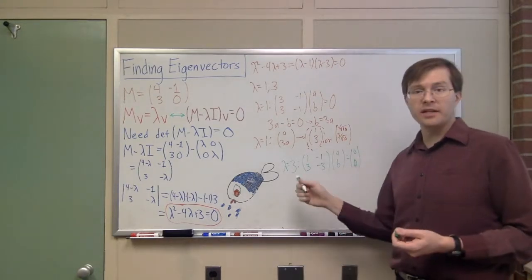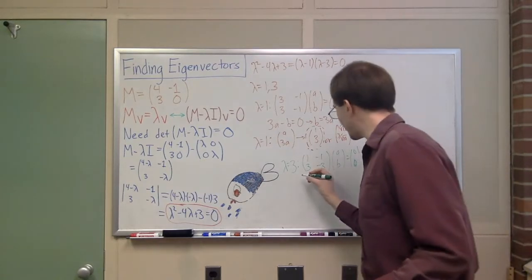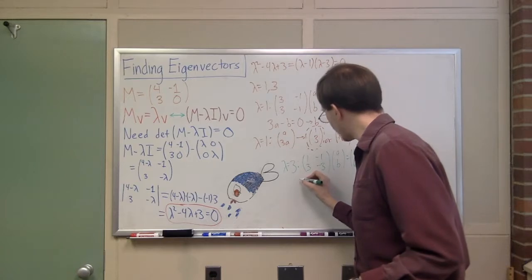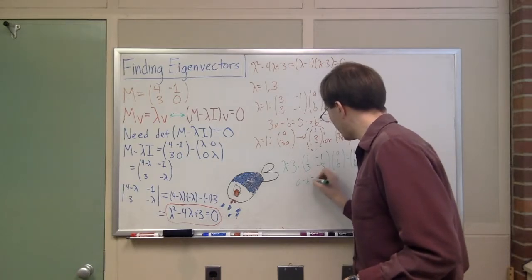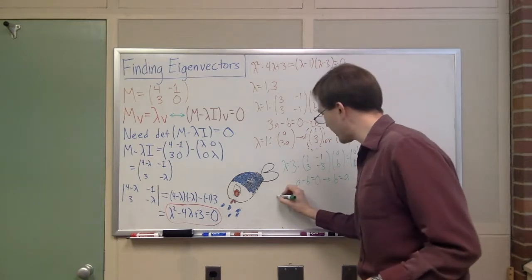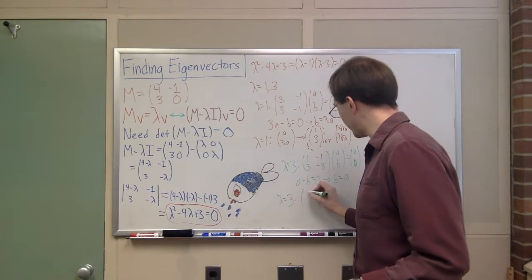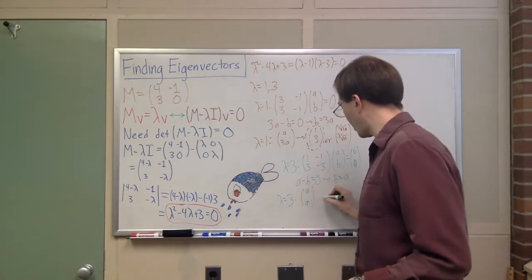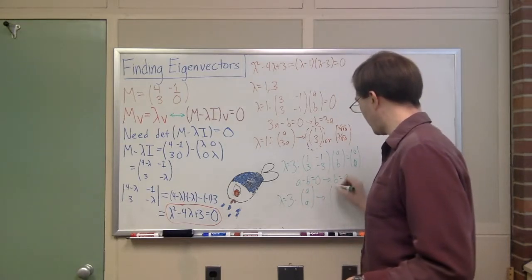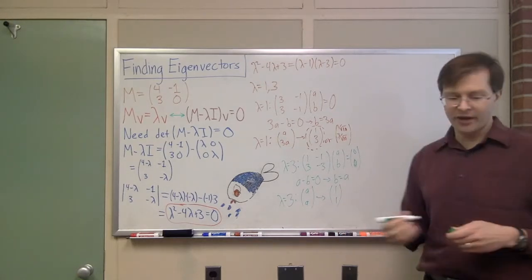It's a redundant set of equations because this had to be singular, so of course it's going to be redundant. And that tells me that A minus B equals 0, so B equals A. So my lambda equals 3 eigenvector will be, in general, A, A. Or I can choose specifically 1, 1 and be pretty happy with the eigenvector I have. That's a nice simple way of writing it.